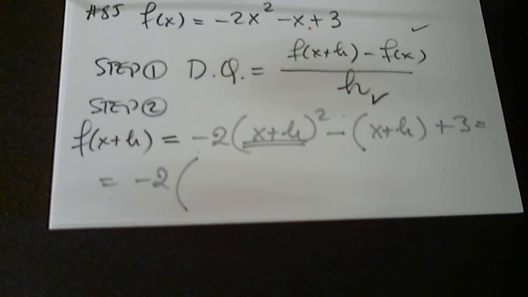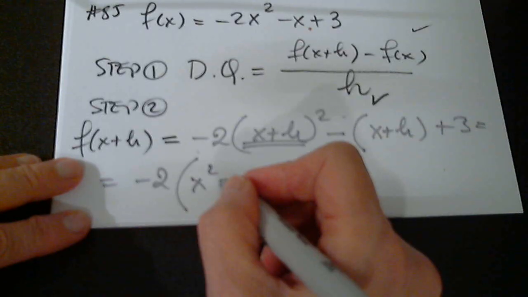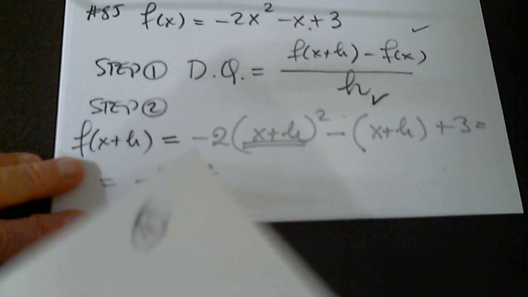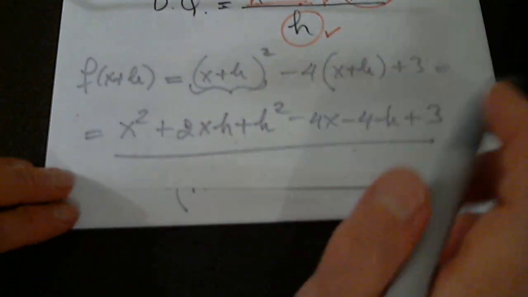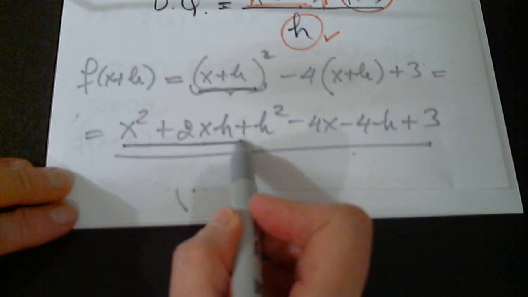Can anyone square this for us? Do not distribute before you square, please. By the order of operations, we have to square first. X squared plus h squared. When we square a binomial, we get a trinomial.